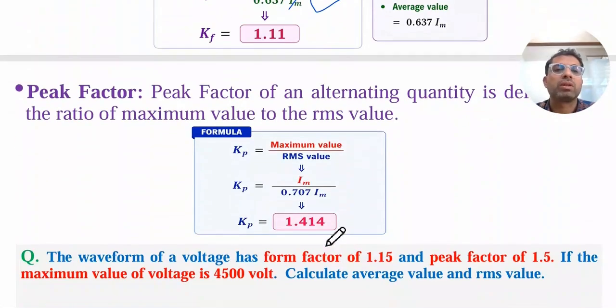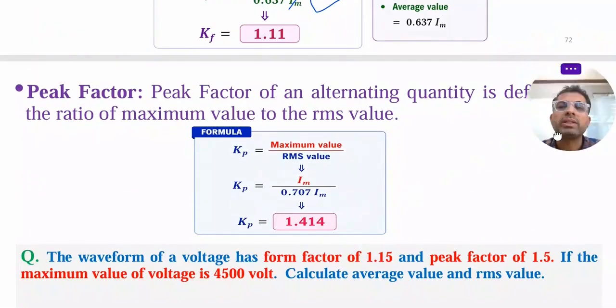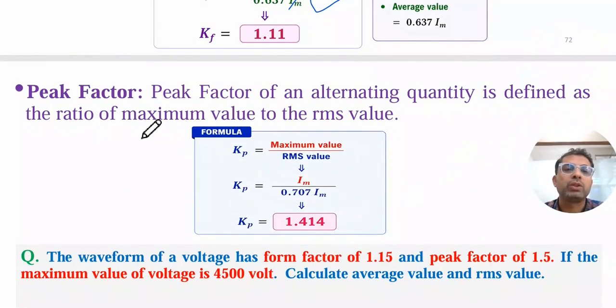And last is the peak factor. So what is a peak factor? It is the ratio of the maximum value to the RMS value of either current or voltage. So maximum value means Im, RMS value 0.707 Im. If you want to write it in terms of voltage, how will you write it, students?